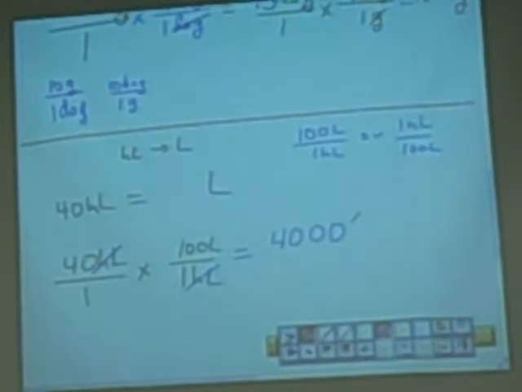So there's 40 hectoliters over 1 times 100 liters over 1 hectoliter, and here's our hectoliters canceled, that's what we want. Which way are we moving that decimal? To the right, because we're multiplying by 100, the number's going to get larger. So that'd be 40, and then 2 more decimals, and that'll be our liters. So 40 hectoliters is equal to 4,000 liters.